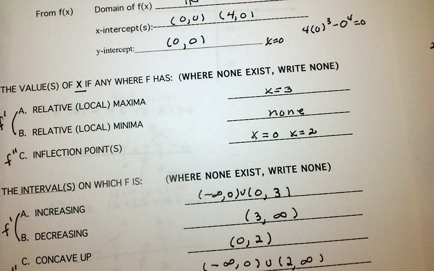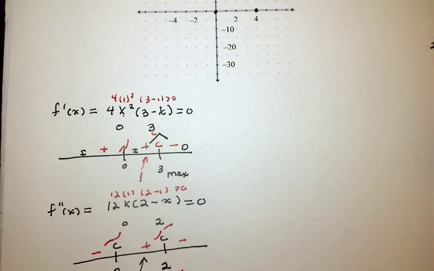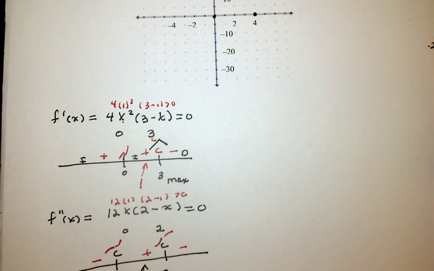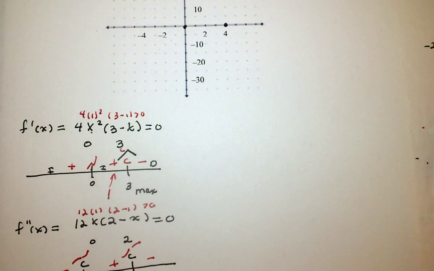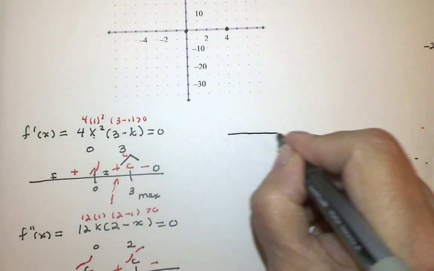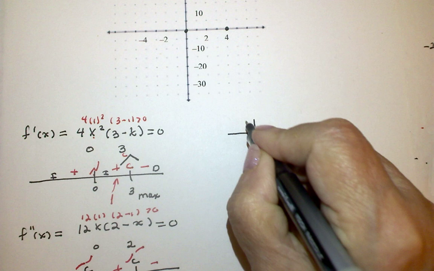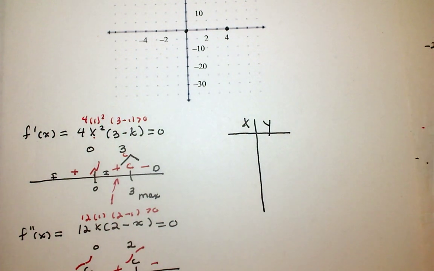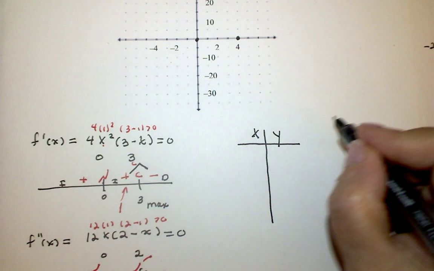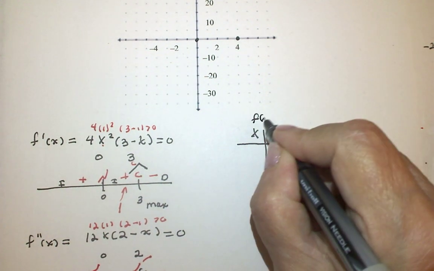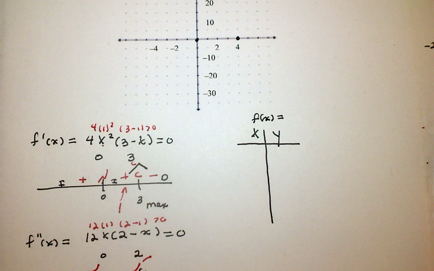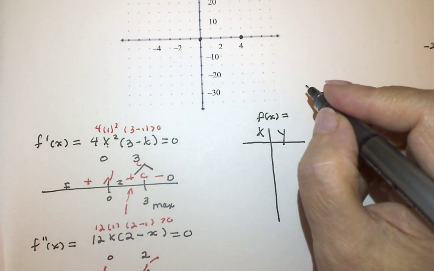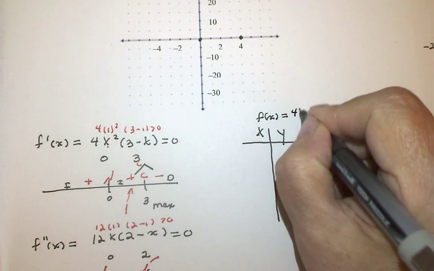So now this page is completely filled in, and we now go to do the graph, putting the information I have on where f of x equals, and I already lost the original function, 4x cubed minus x to the 4th.